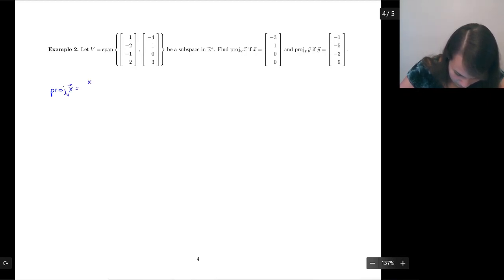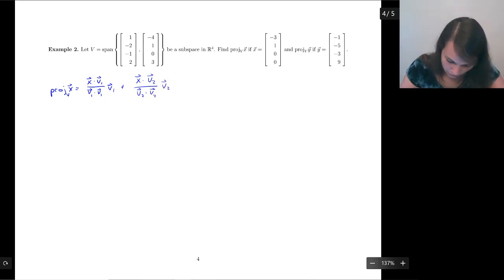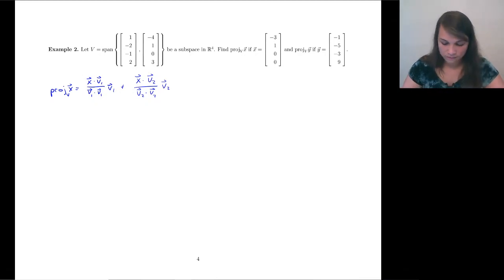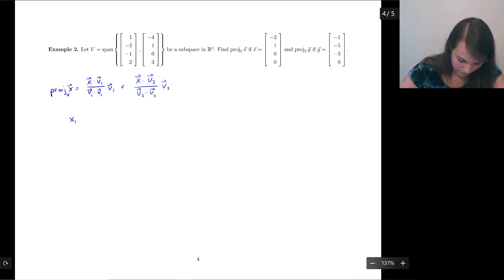So that's going to be X dot V1 over V1 dot V1, times V1, plus X dot V2 over V2 dot V2, times V2. Okay, so X dot V1, let's go ahead and find that first.